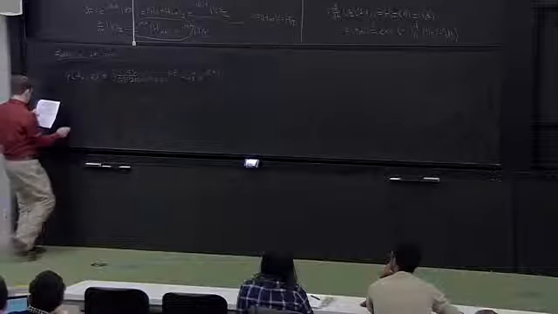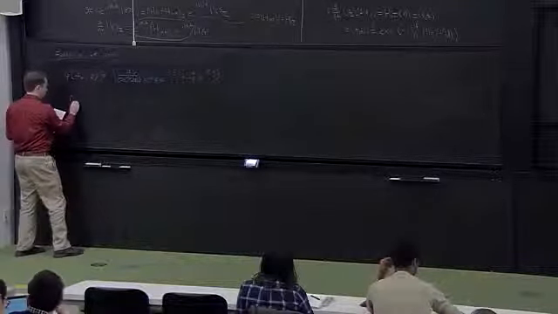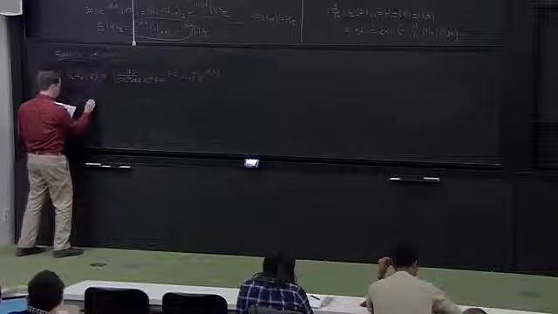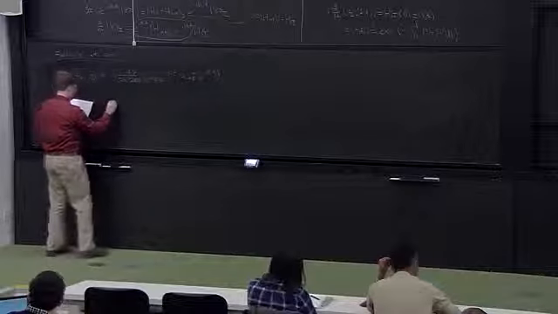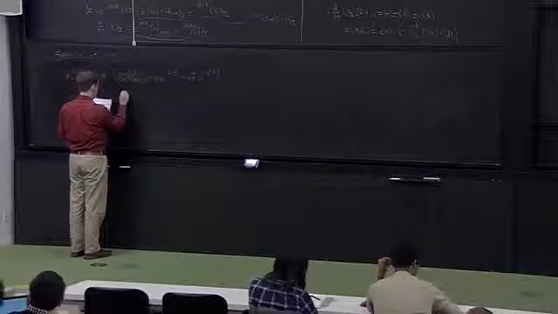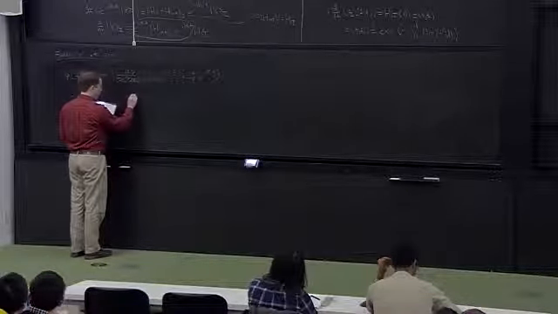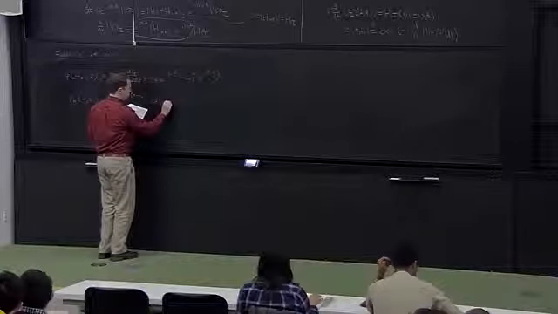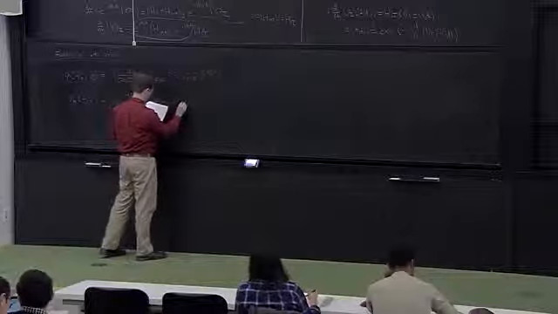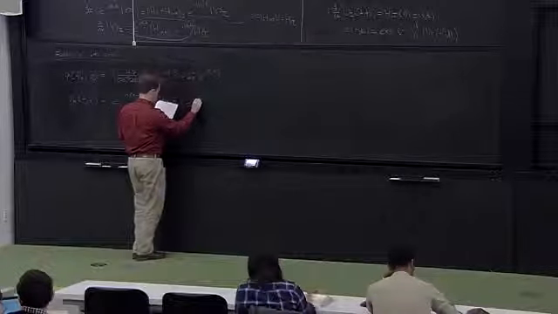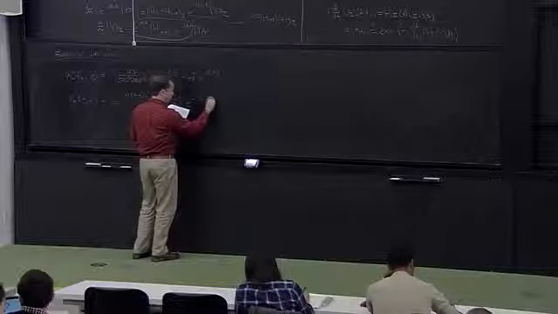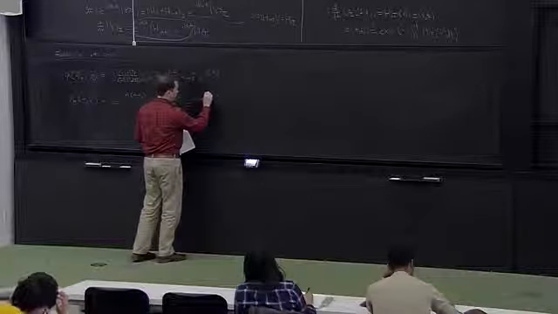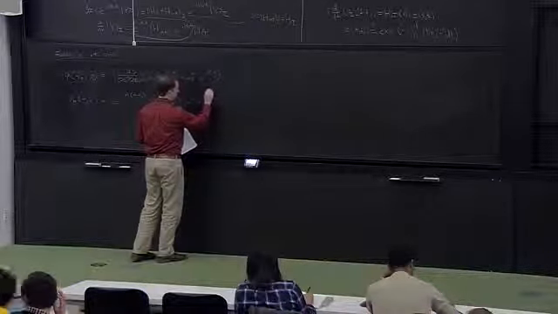So if we do that, then we can write the fields in the Heisenberg picture as e to the i H (t minus t naught). And I'll just denote t minus t naught as delta t.